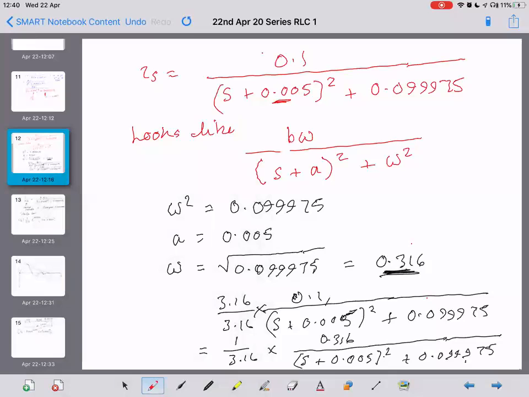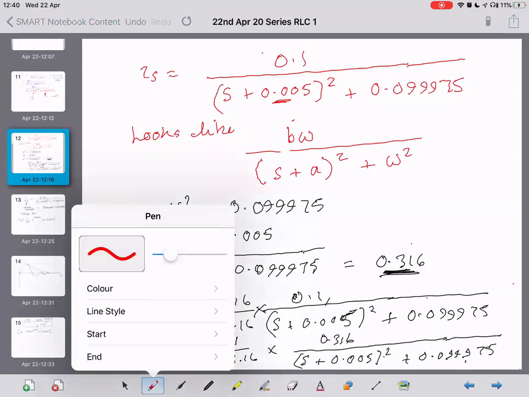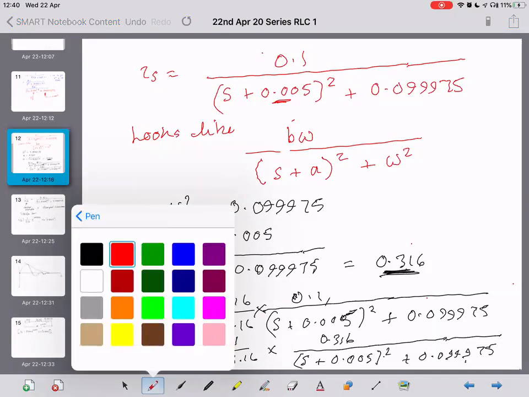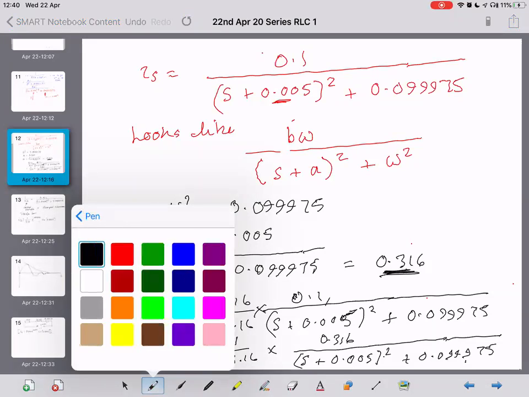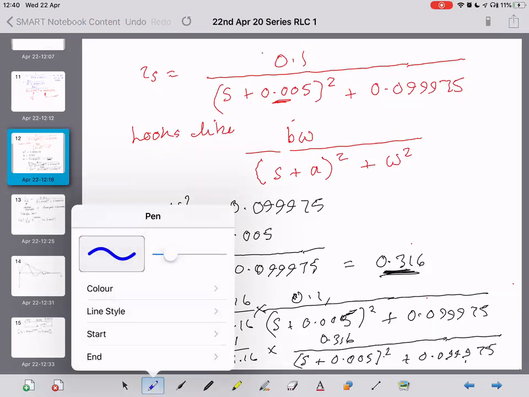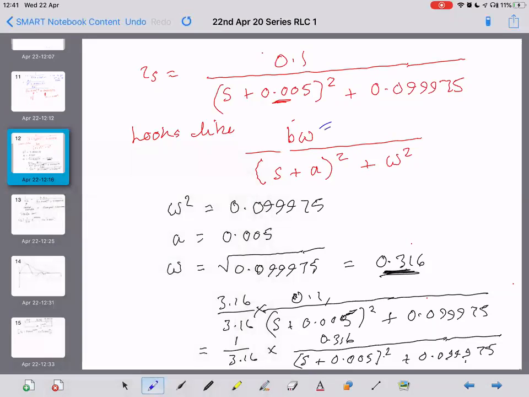So this piece on the top is equal to 0.1.